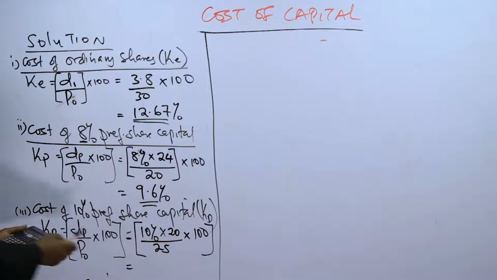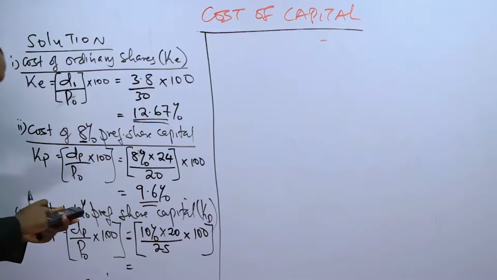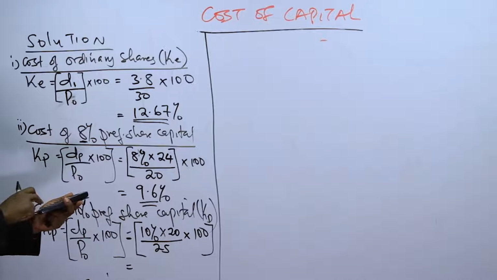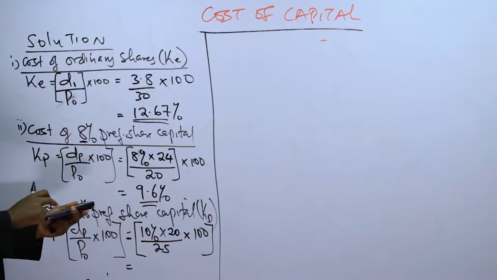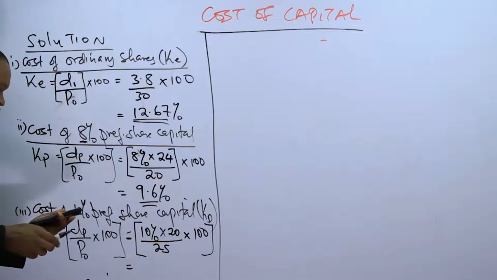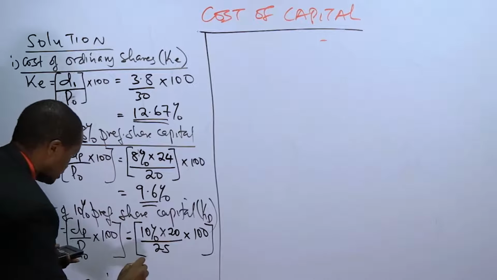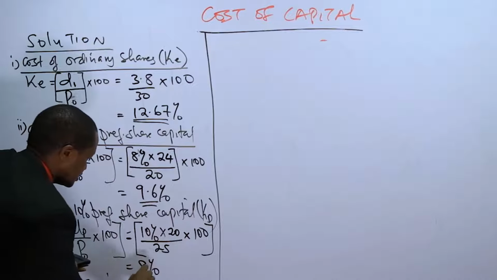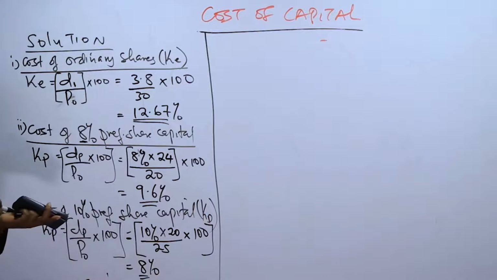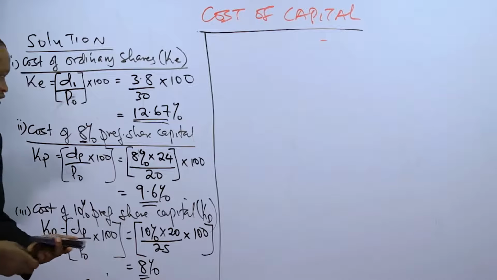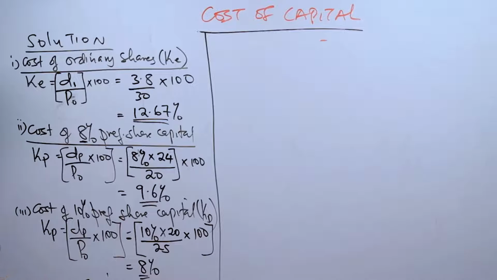So 10% times 20 is equal to 2 shillings. Divide 2 shillings by 25. That is 0.08 times 100. The cost of preference stock here is 8%. So that's how to determine the cost of the preferred stock.